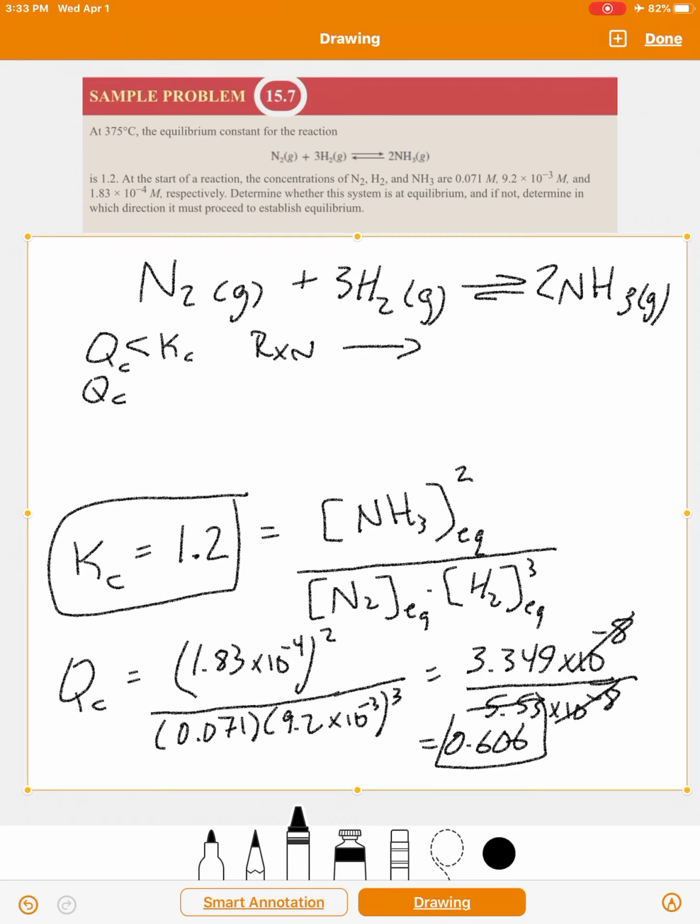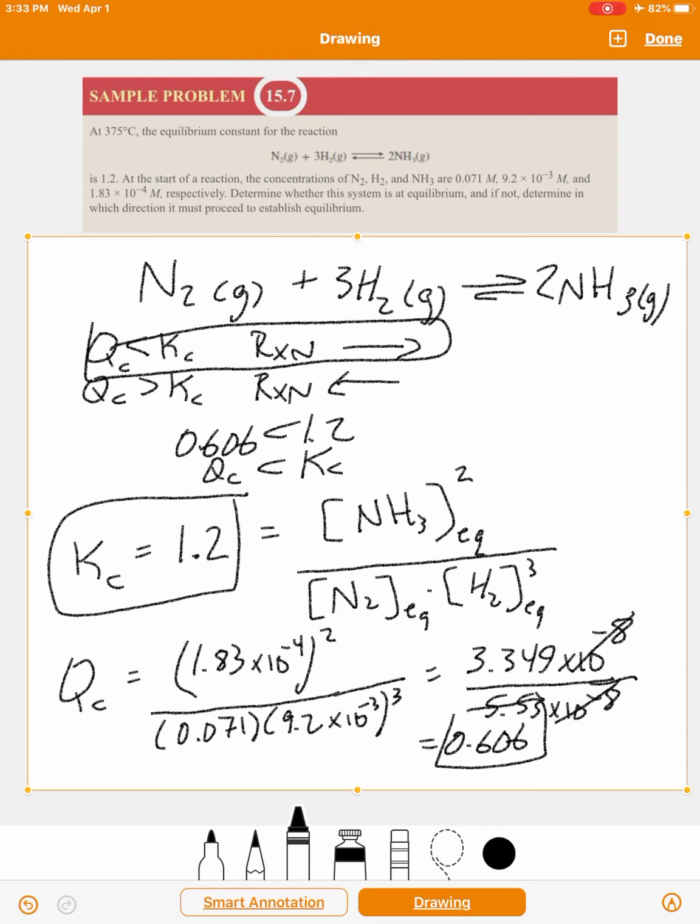And if Q is greater than K, then the reaction goes to the left. Okay? So 0.606 is less than 1.2, right? So Q is less than K. So that's this case right here, which means it's going to go that way.